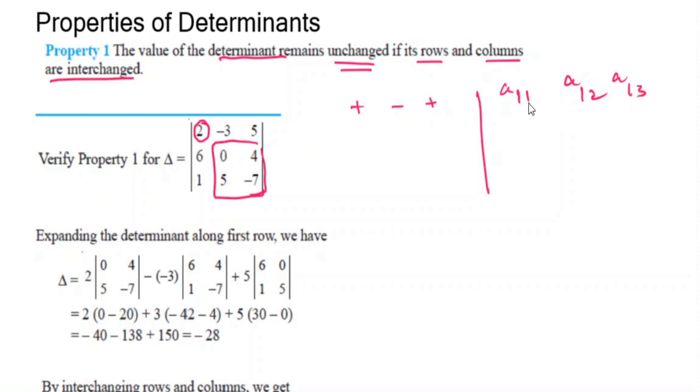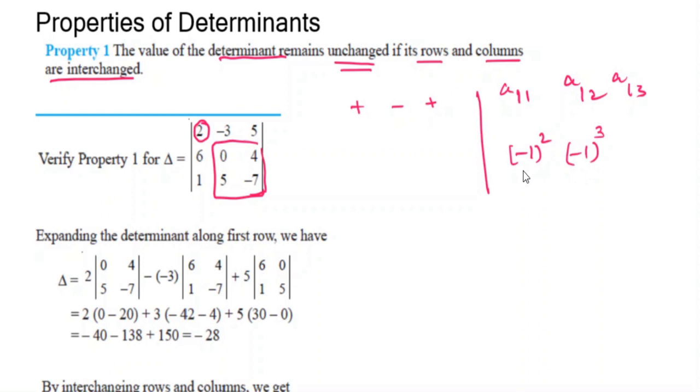So 1 plus 1, 2, means minus 1 whole squared, that will result in plus. Is it not? And 1 plus 2, 3, so minus 1 whole power 3 means that results in minus. So it means when the sum of these subscripts is an odd number, it becomes minus, and an even number, it is plus. So this is the logic we apply.